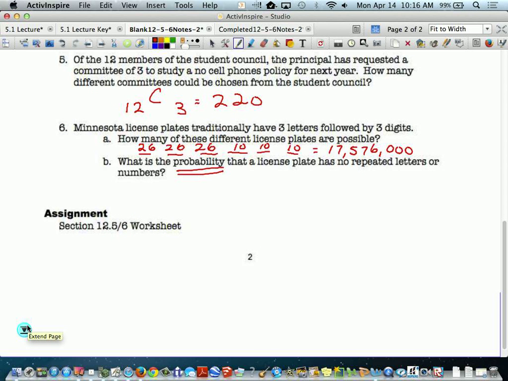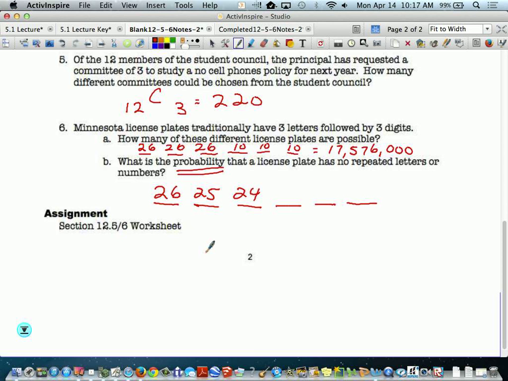So when we go to do this problem, first we have to calculate how many license plates have no repeats. So if I choose my first letter, how many letters do we have next? I can only have 25. How many do we have next? 24. So 26 times 25 times 24 is showing no repeats in the letters.